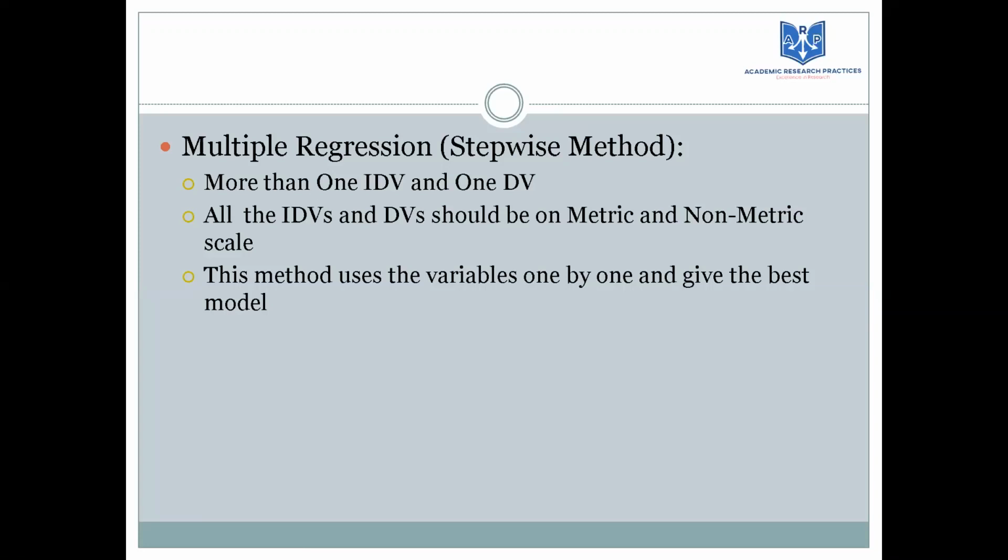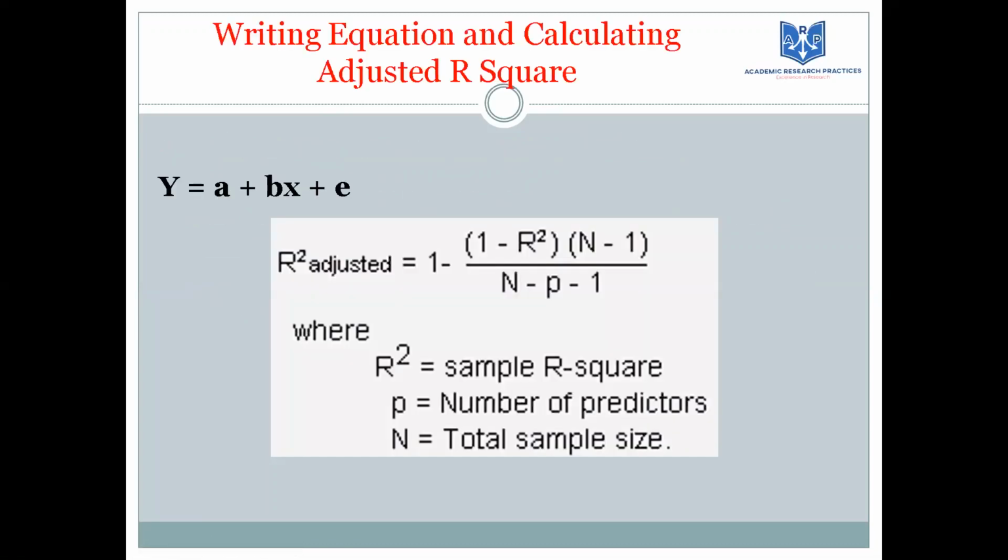The criteria is the same because this is a multiple regression, so we take more than one IDV and one DV. This method uses the variables one by one and gives the best model. We will use this method to remove the multicollinearity at the end of today's session, right?